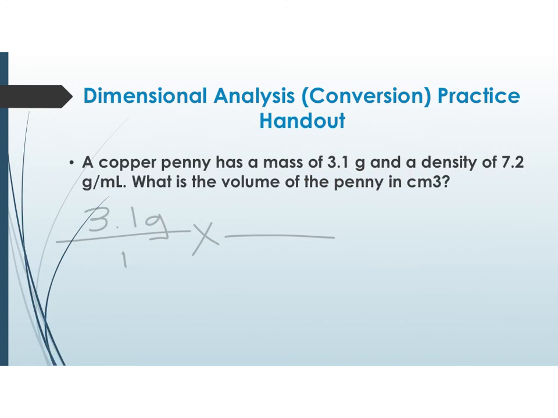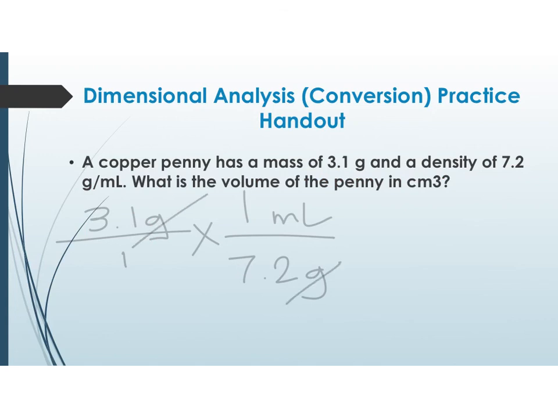So I'll go ahead and put 7.2 grams and 1 ml. Again, I got that from 7.2 grams per milliliter. It doesn't matter if it's 7.2 grams up top and 1 milliliter on the bottom, or in this case, 7.2 grams on the bottom and 1 milliliter on the top. That's what makes these equivalent statements: you can flip-flop them however you need to use them. It's the beauty of it.